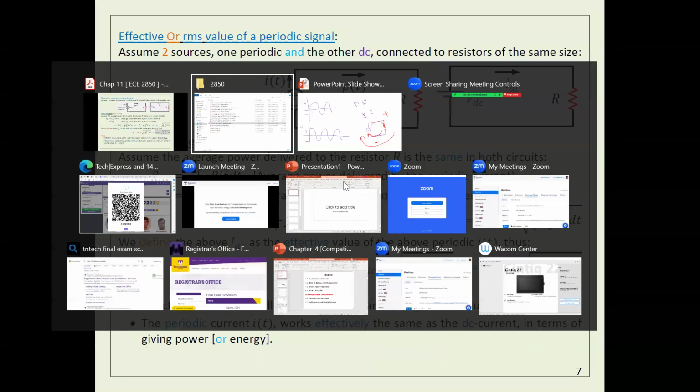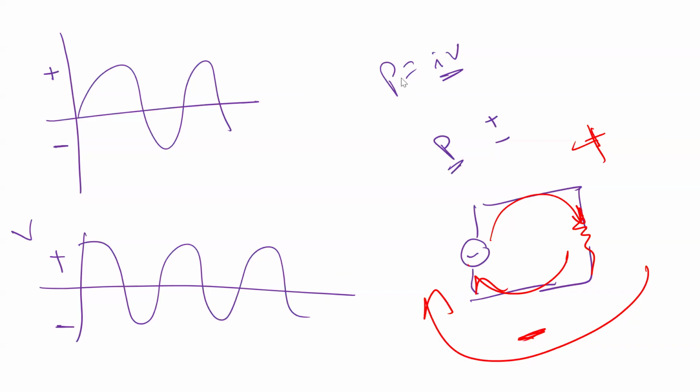I'm also going to explain in detail if you have here I equal to Im cosine omega T plus theta I, where theta I is the angle for the current.